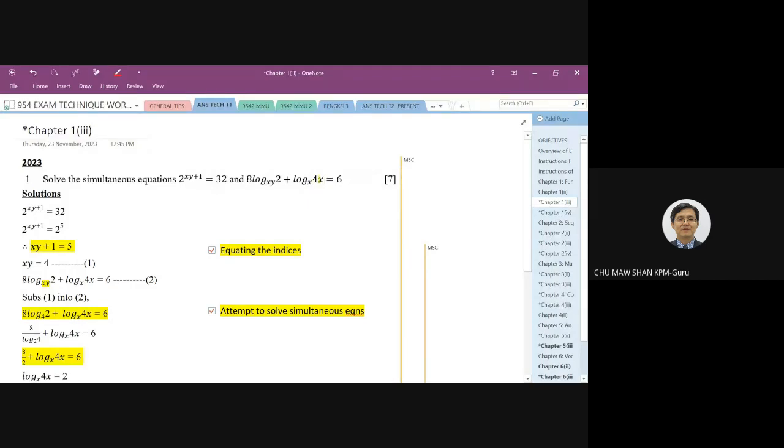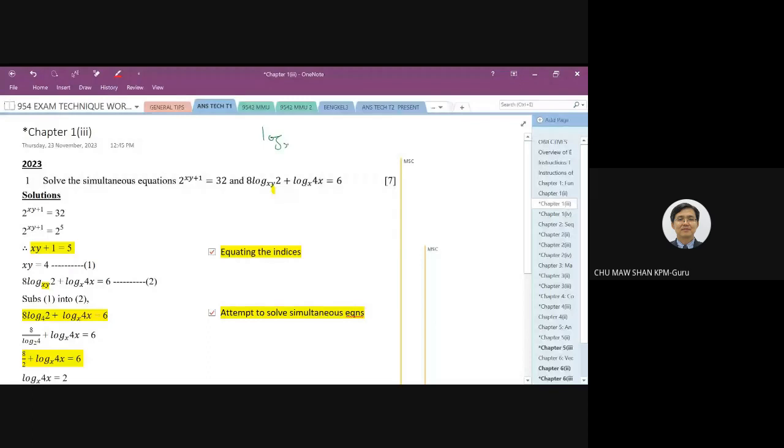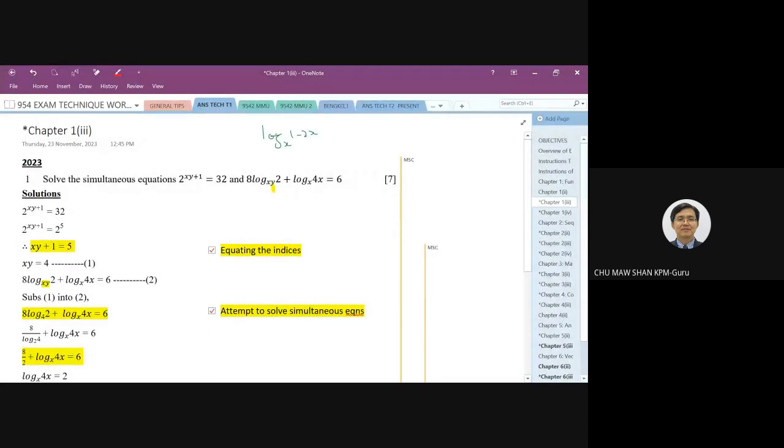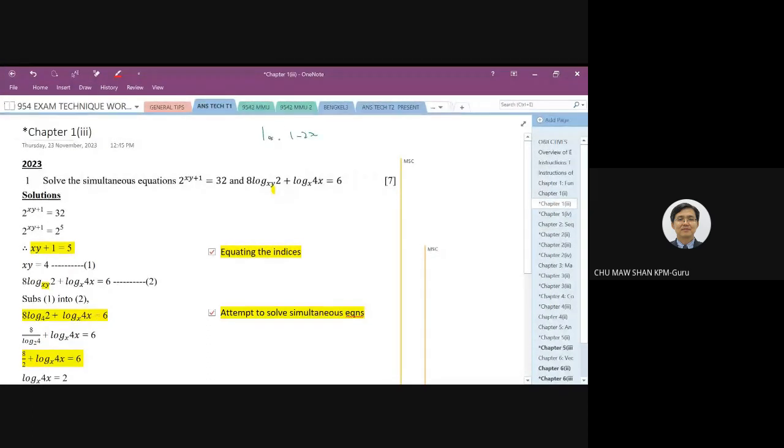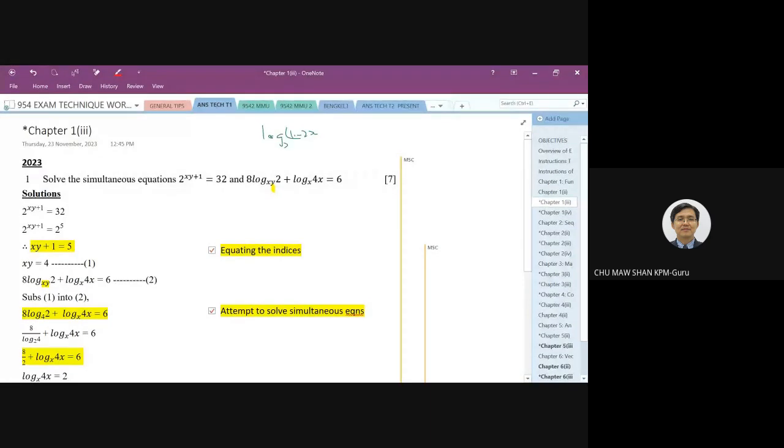It is not because it is zero. For example, if we have log of 1 minus 2x, here is log base 2, whatever base. This 1 minus 2x must be greater than 0, isn't it?